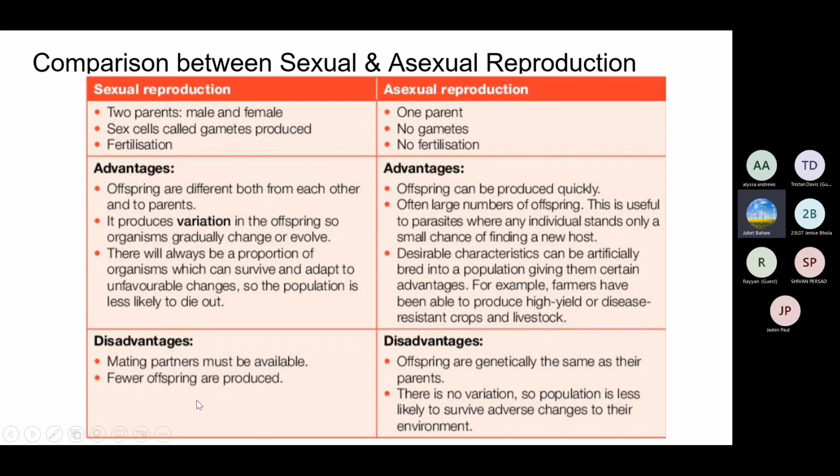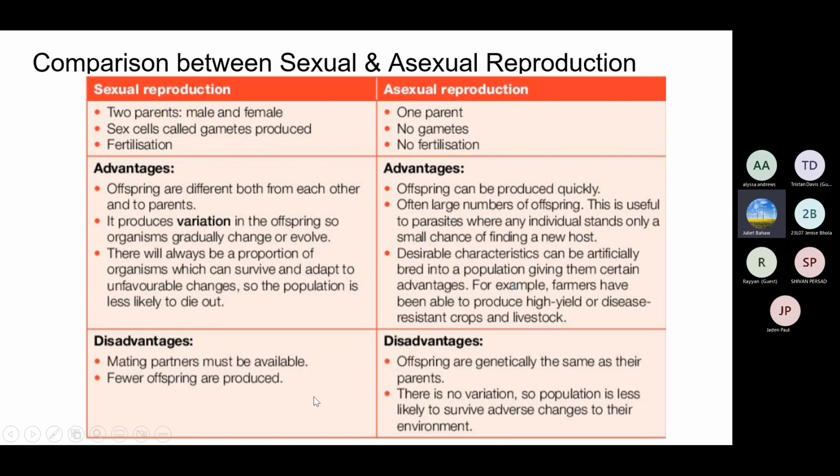That's way longer than if you were to have bacteria reproducing in a lab. If you have bacteria growing in a lab, it takes a couple days and you have millions of bacteria. All right, so that's a difference in terms of how many offspring can be produced.